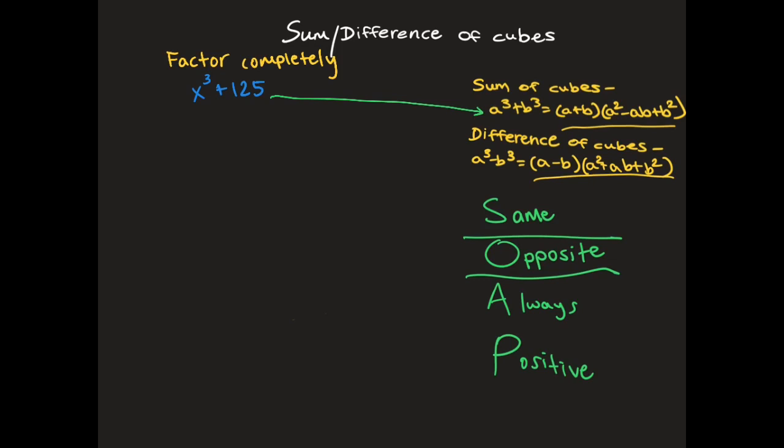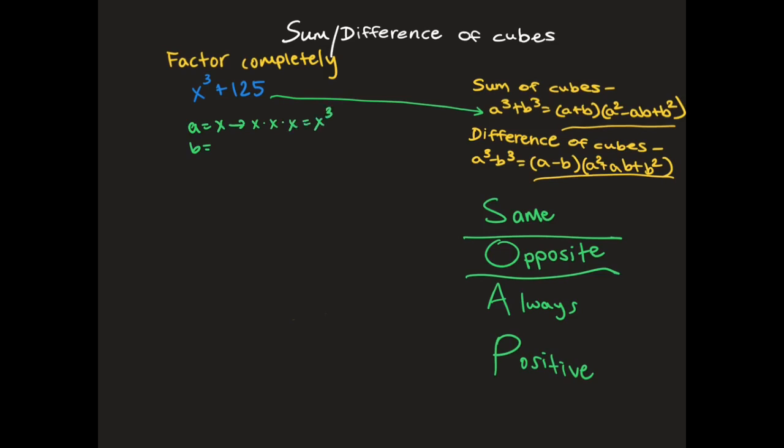So the first step that we have to do is we have to find x cubed is our a and 125 is our b cubed. So we have to find our a value and our b value. So a value is equal to x, because x times x times x is equal to x cubed.